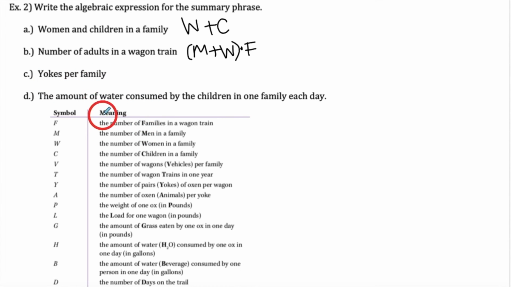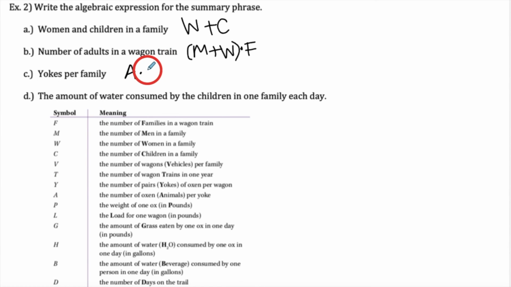Yokes per family. A yoke is the wooden apparatus that holds the 2 oxen side by side. And I need to know how many yokes there would be for the whole family. So I would want to use the A for the yokes per wagon. And I would then multiply by the number of wagons in the family.